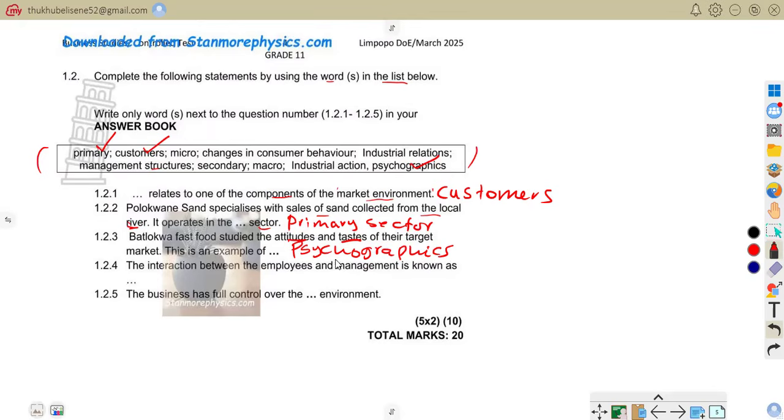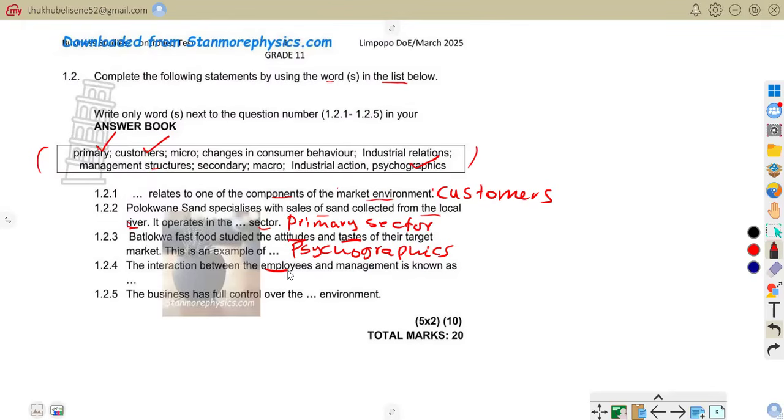Psychographics, because when you talk of psychographics, that is studying consumers' values, tastes, lifestyles, and attitudes, like the statement says. So the correct answer there is psychographics.